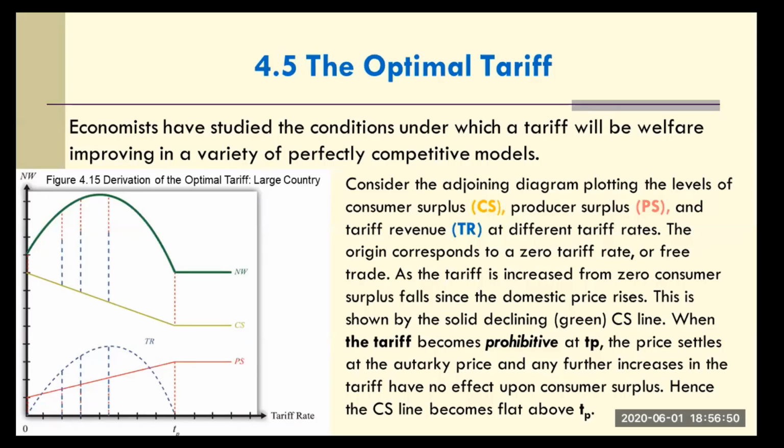So let's start with the fixed point, that is the optimal tariff. Economists have studied the conditions under which the tariff will be welfare improving in a variety of perfectly competitive models.